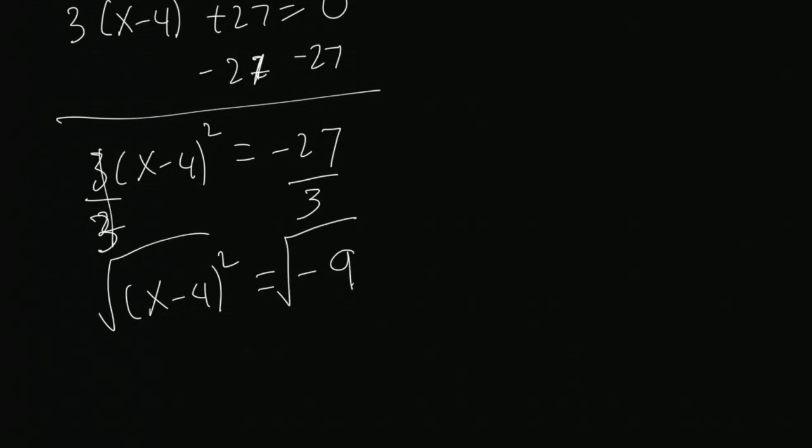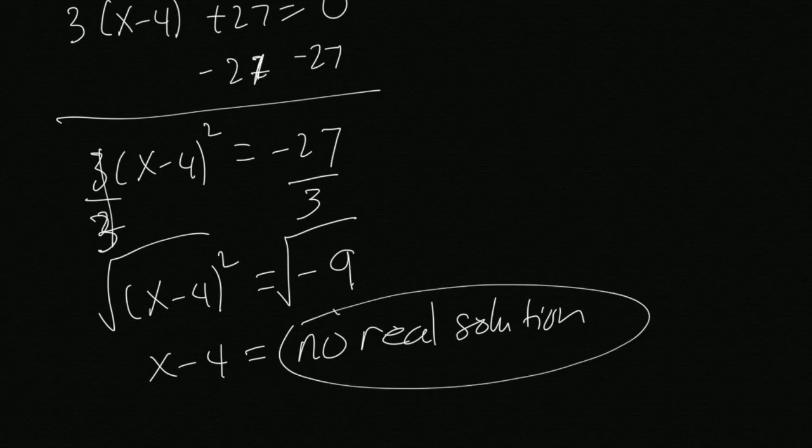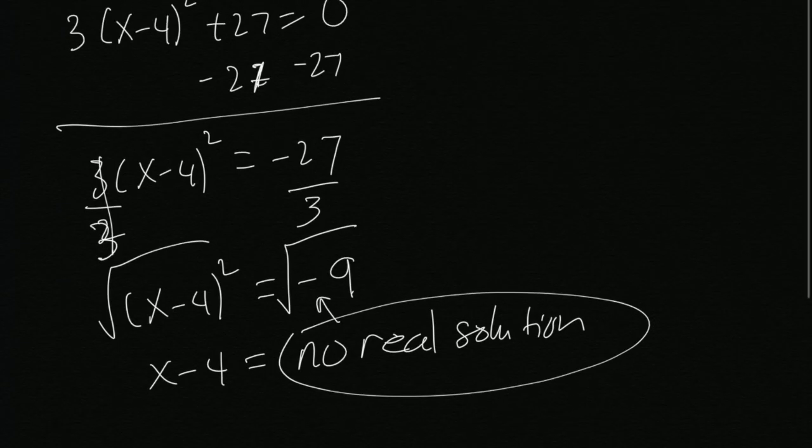I take the square root. And I get x minus 4 is equal to, but there is no real solution. And so therefore this equation has no real answer. And so therefore that's all we say, because we cannot take the square root of a negative number. The answer is imaginary, but for now there is no answer.